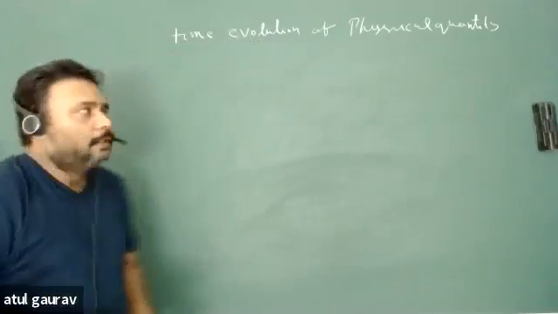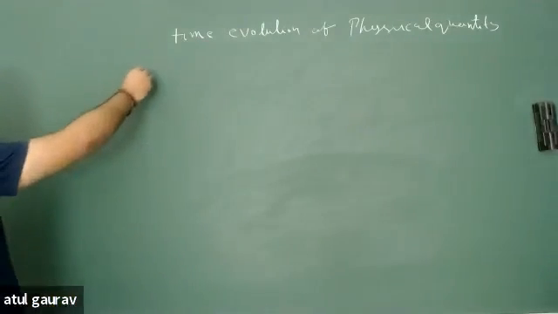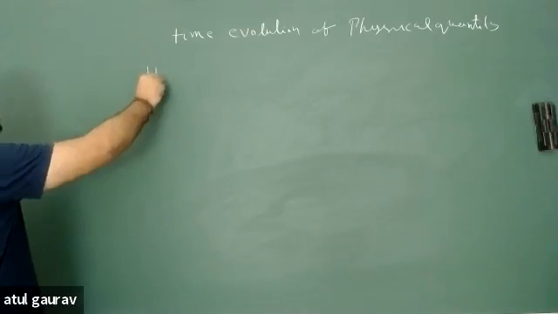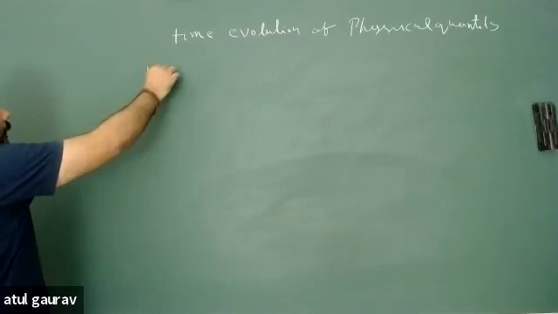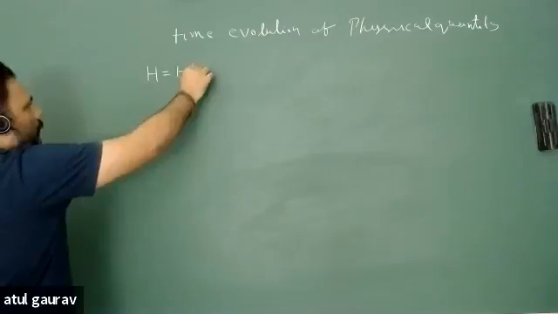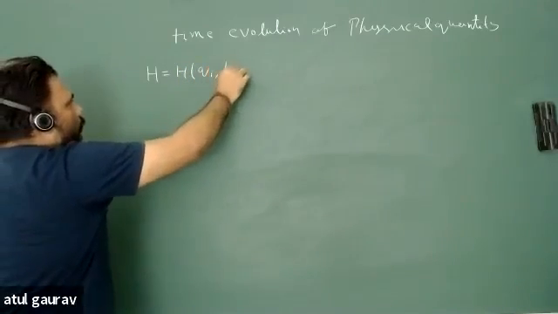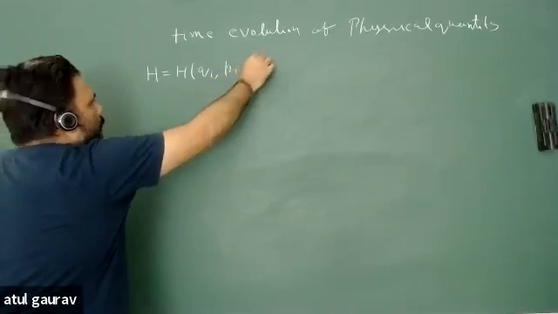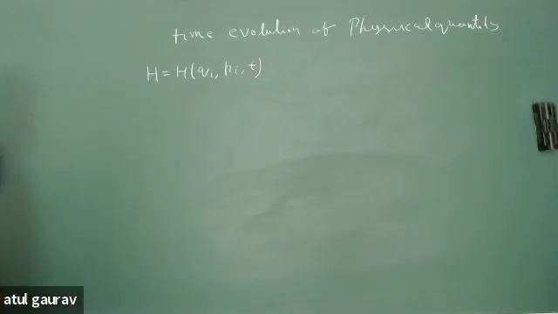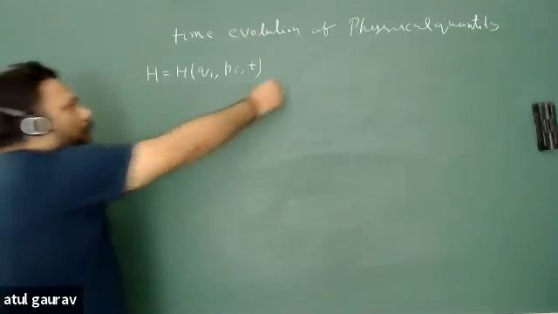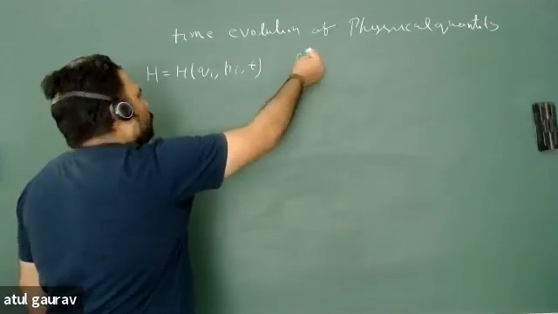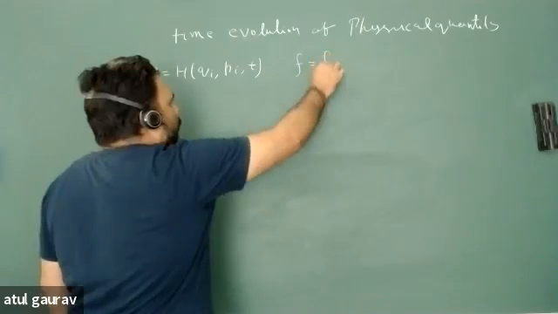So let's go for it. Suppose we have the Hamiltonian of a system, and this Hamiltonian is a function of generalized coordinate, generalized momentum, and obviously time. And we have one particular function, and this function can be any physical quantity.